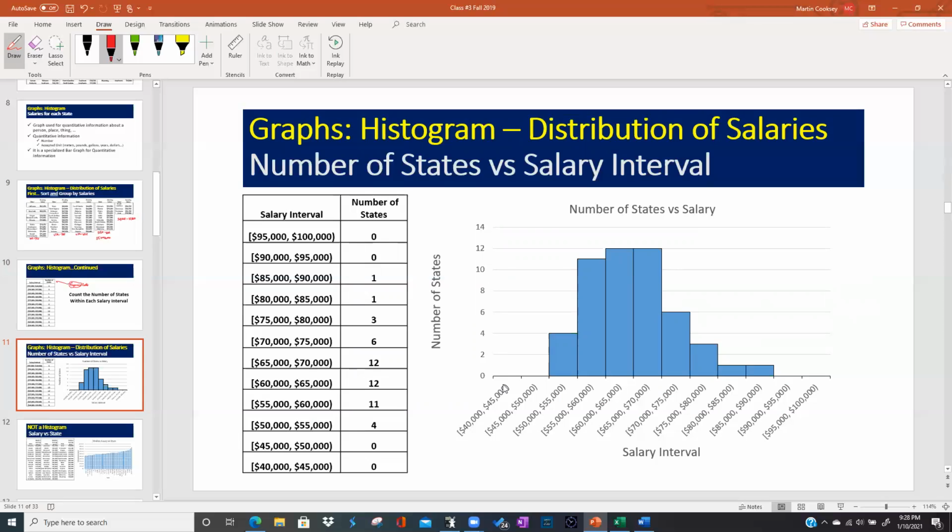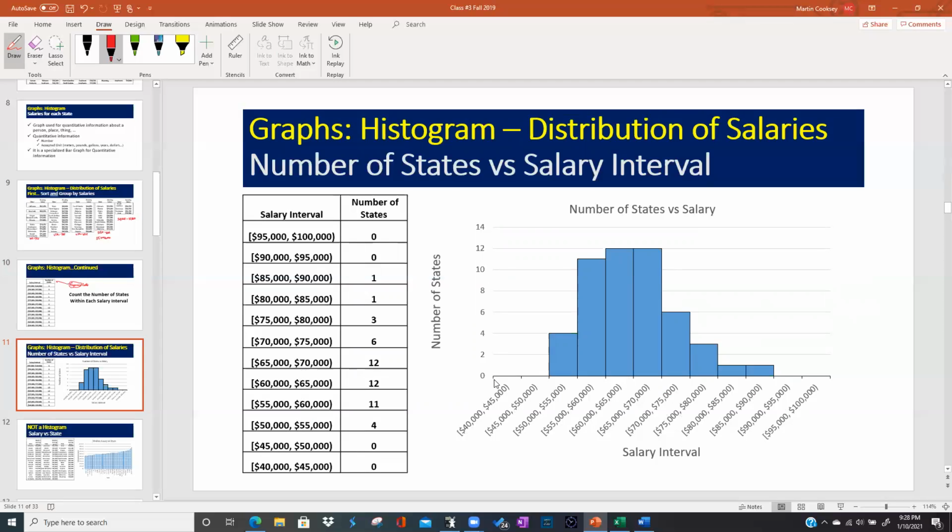But what we've done is we have our salary intervals. If you notice, the salary intervals are the same width, and the width is 5,000 for each one, all the way through.